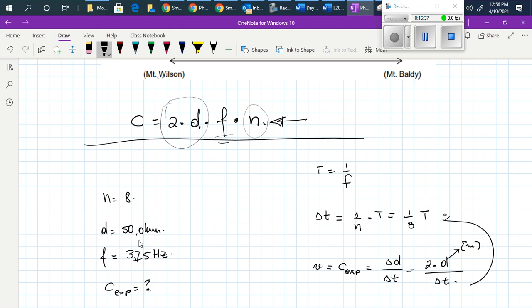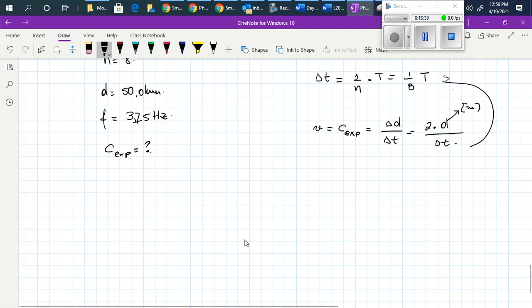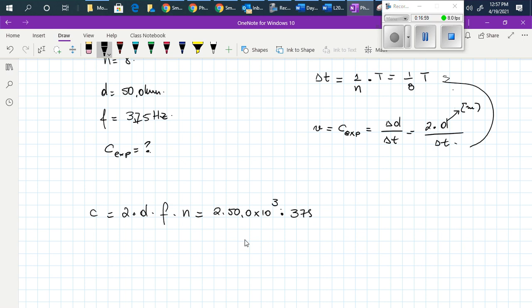And then you can go straight as speed. The experimental value of the speed of light is 2 times d times f times n, and that will be 2 times 50 times 10 to the power of 3 to convert it into meters, times 375 times 8.